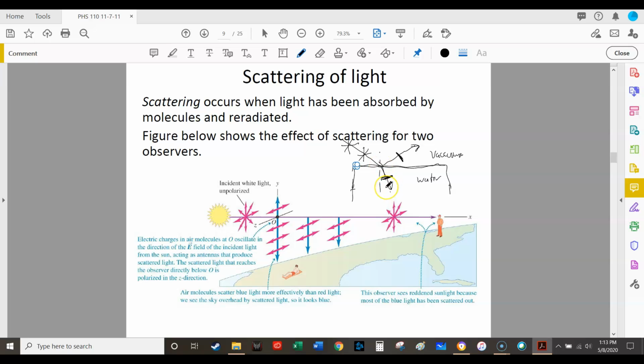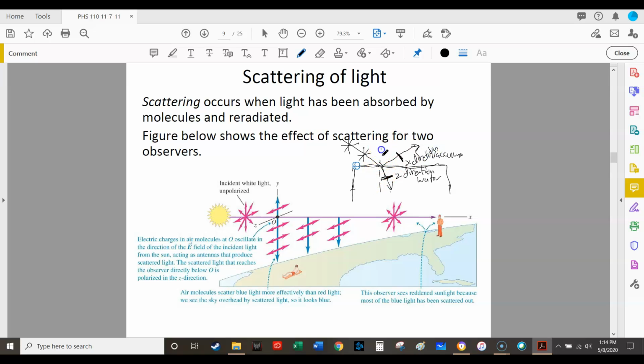So light coming in is going to get polarized in our atmosphere, right? And what we find out is that light, when it hits our atmosphere, is actually going to get polarized along the Z direction. And when it bounces back out, it's going to get polarized along the X direction.